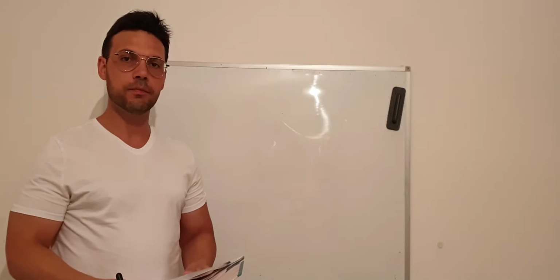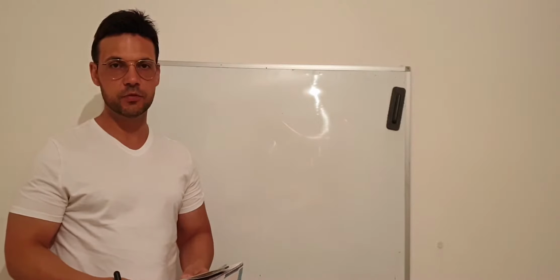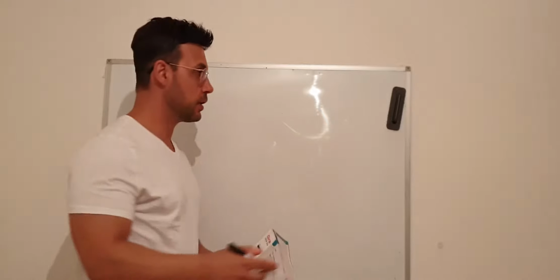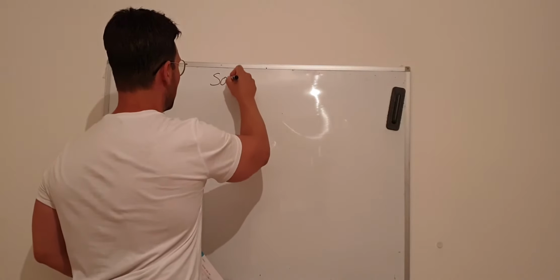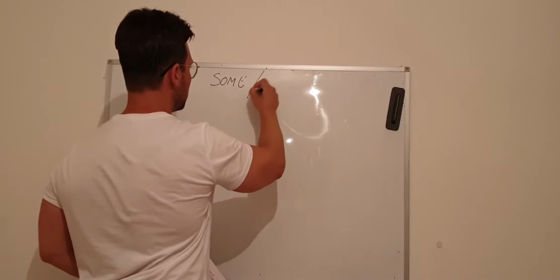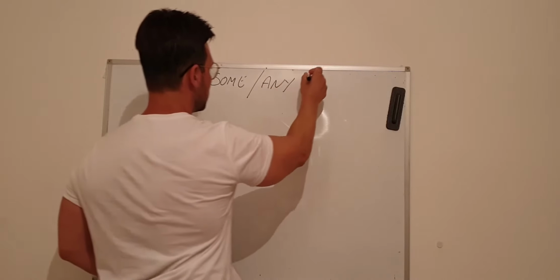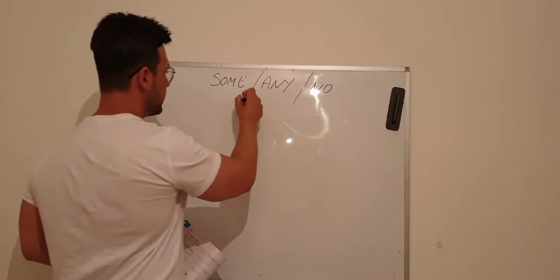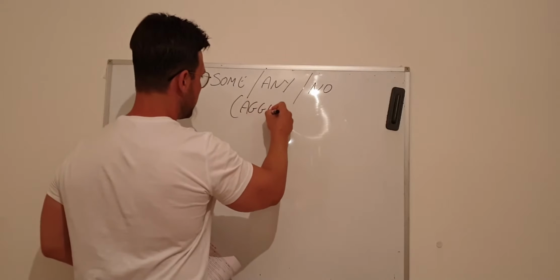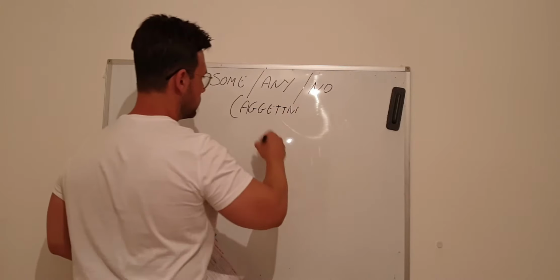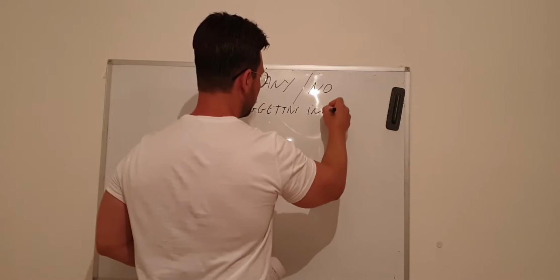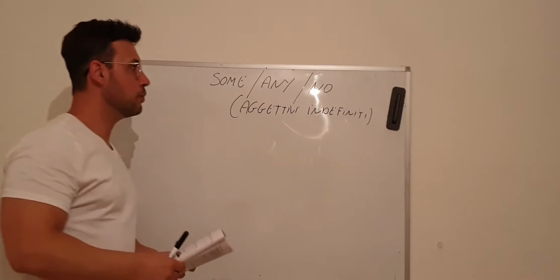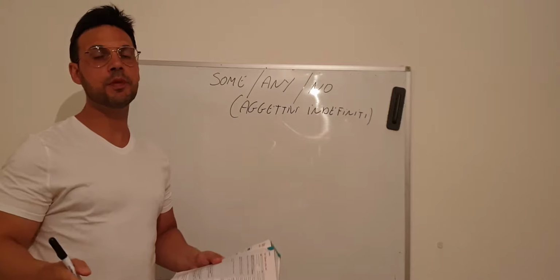Okay, these are indefinite adjectives, or in Italiano we say aggettivi indefiniti. So we're going to work on some, any, and no. That means they have a similar meaning, okay?